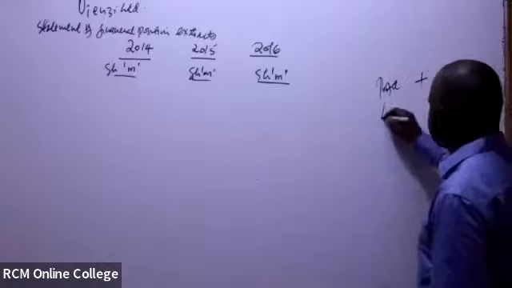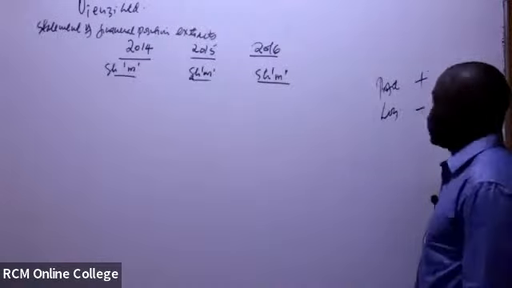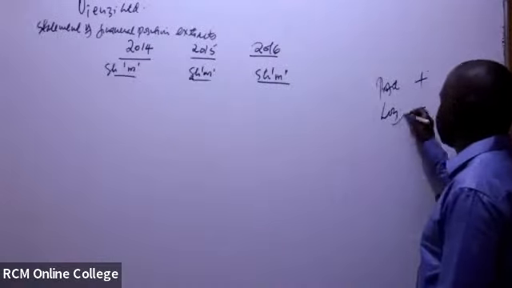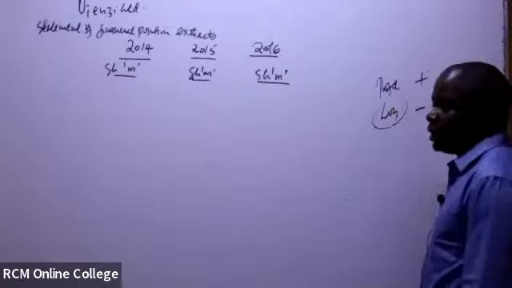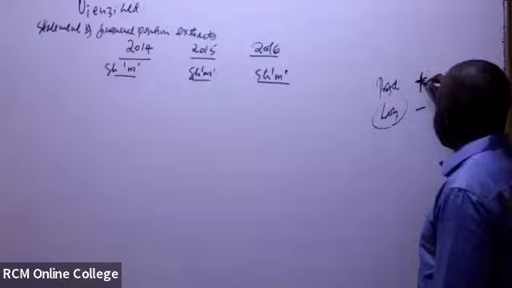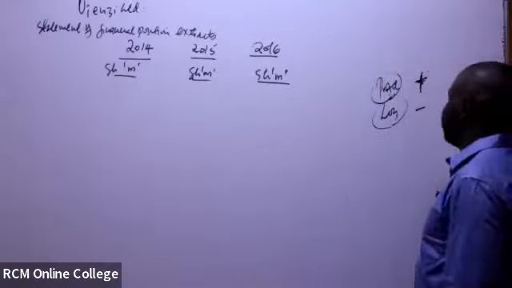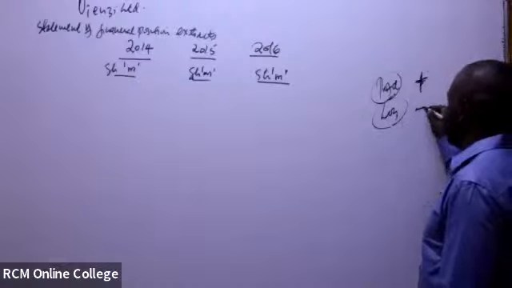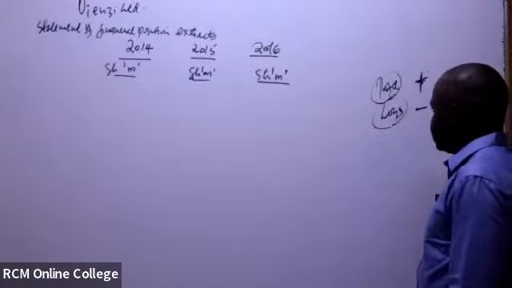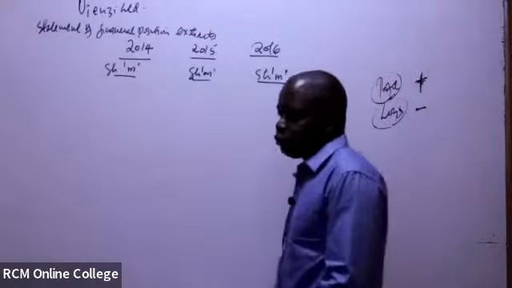If it is a loss, it is a negative. So in that year, if you see a negative, it means they got a loss. If you see a positive, they made a net profit. Okay. So in a business, you can either make a loss or you can make a profit.